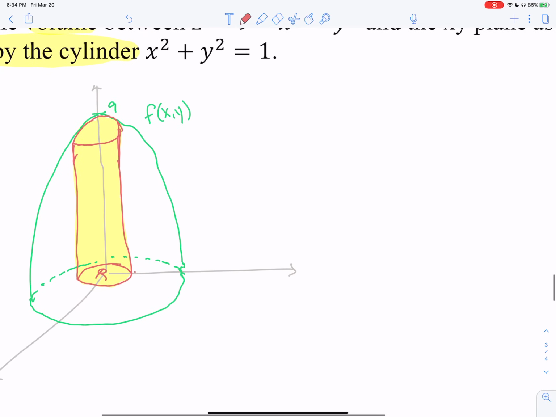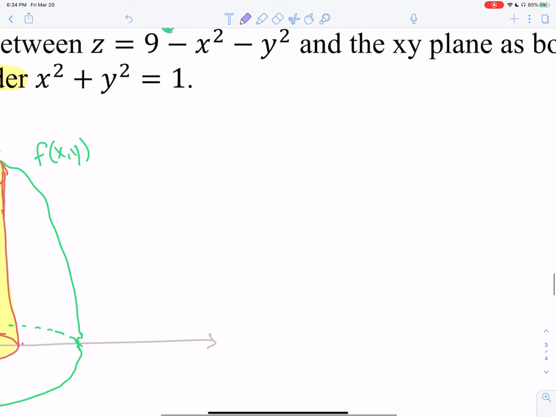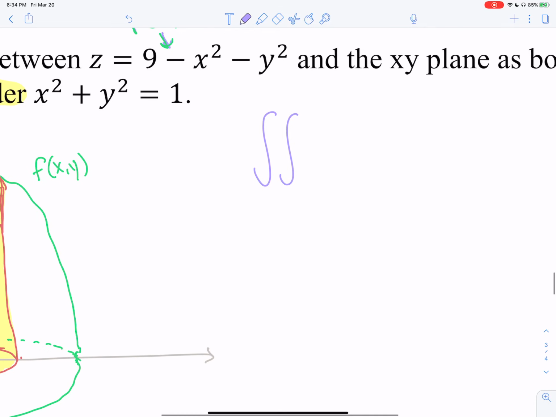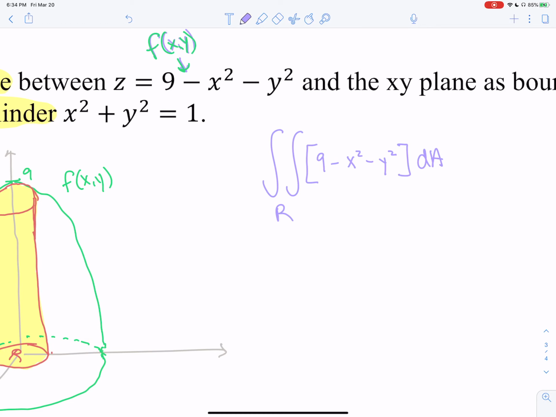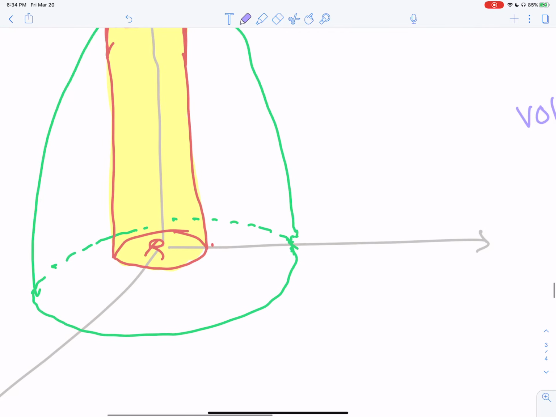So let's set up a double integral to find that. So we're going to do the double integral of this function dA over R. So that will give us the volume of that shape. So let's plug in the pieces. So volume, and I'm going to convert to polar because R, the region, is circular. It is a circle.